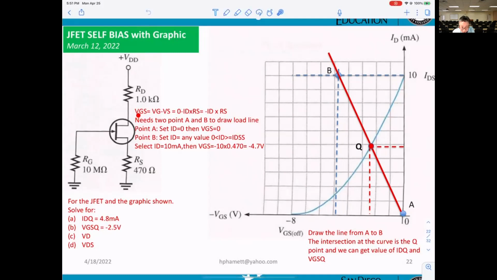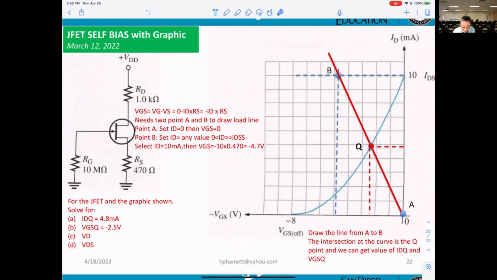Okay, see, VGS equals VG minus VS. And the VG is right here, 0. Okay, so 0 minus ID times RS will equal minus ID times RS.